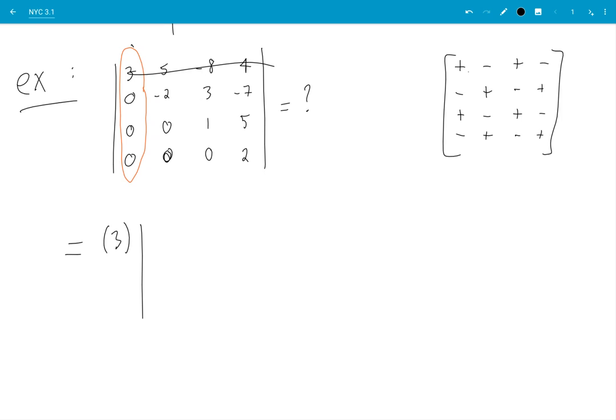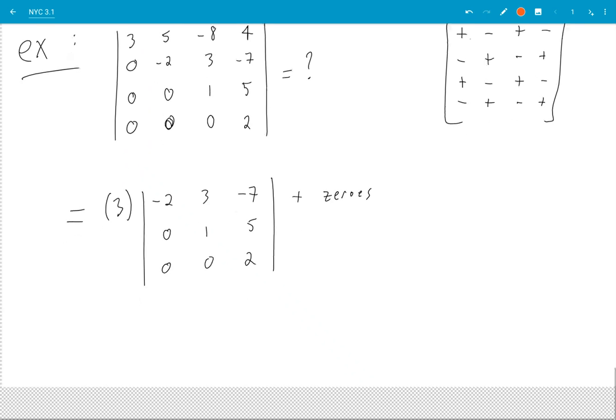Which one? Well, that one, right? And that is all, right? Plus some zeros. Okay, so terms that will be zero, so I don't even bother writing them.